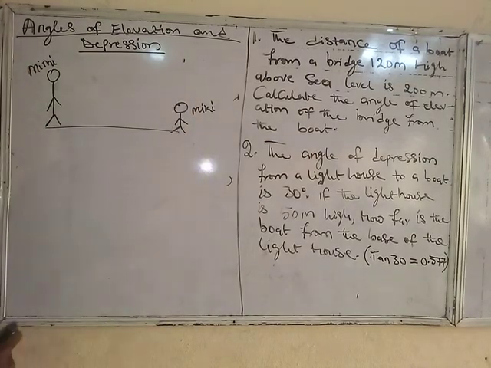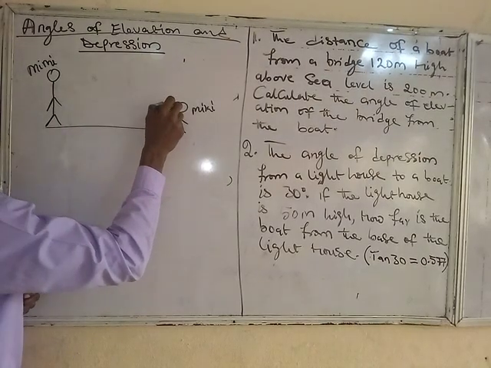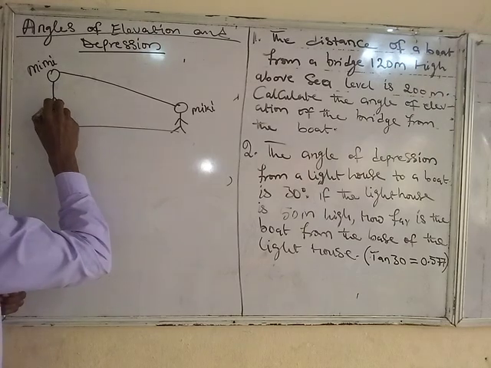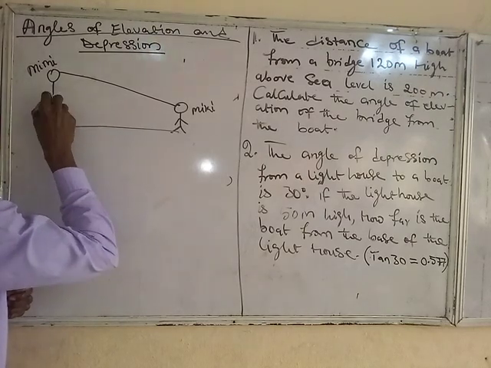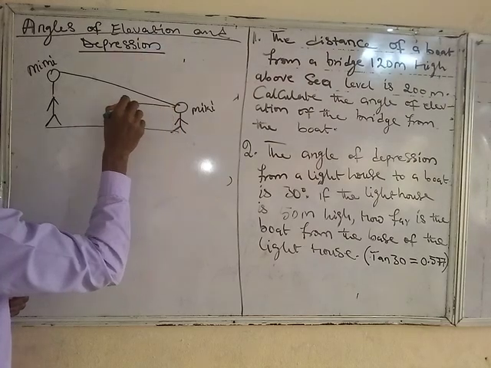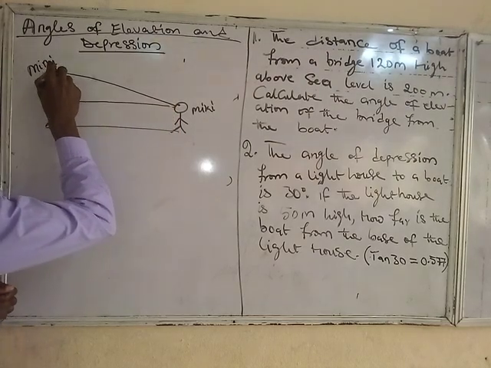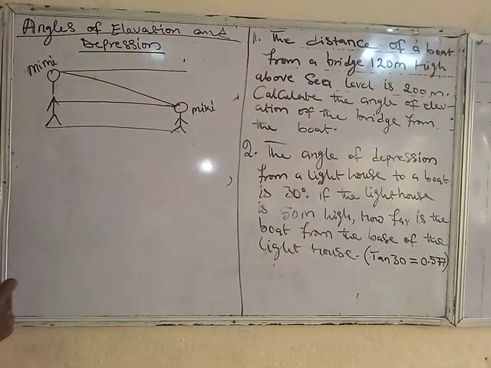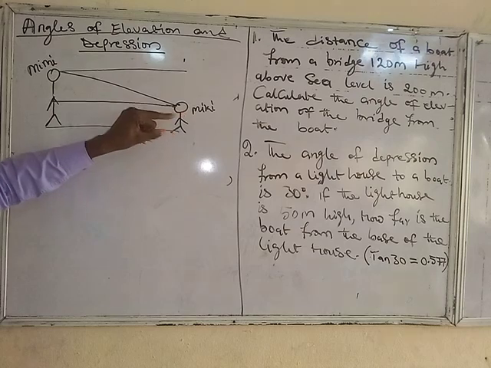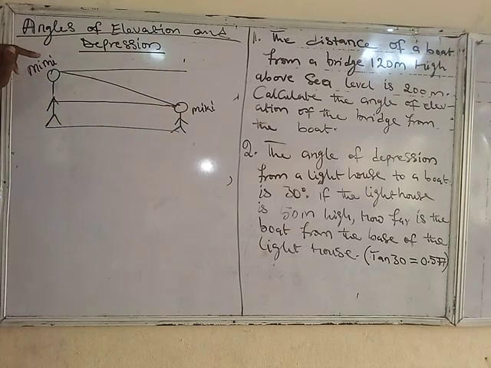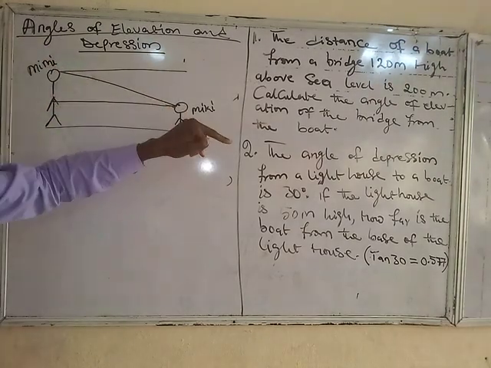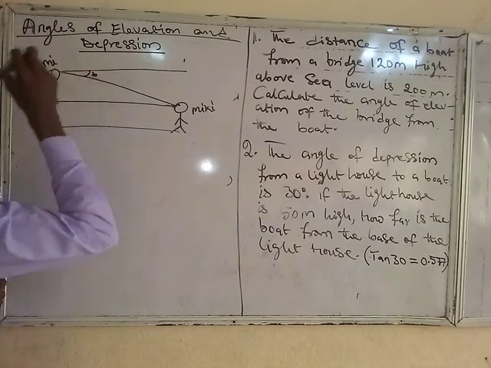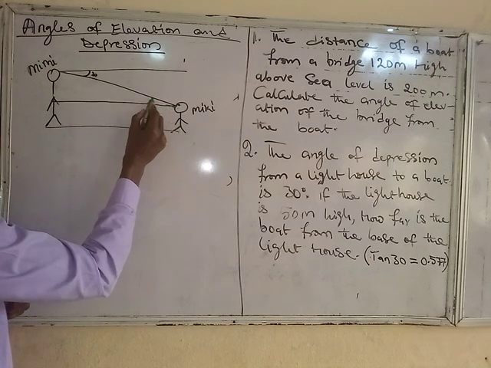Now Mickey decides to look upward this way, and of course the horizontal line will always be there, like this. And then the horizontal for Mimi is this. So watch. Mickey has an angle of elevation and Mimi has an angle of what? Depression. Mimi's angle of depression is this. We call this B. And Mickey's angle of elevation is this.